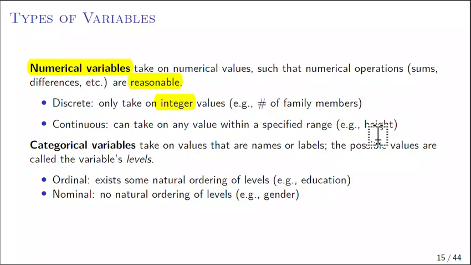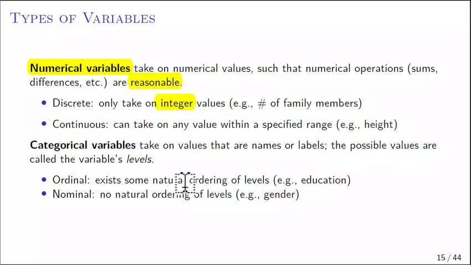Other than the numerical variables, we have categorical variables. Categorical variables take values that could be numbers also, but those numbers are not meaningful. They are not real numbers.